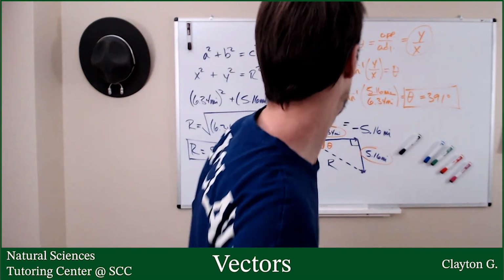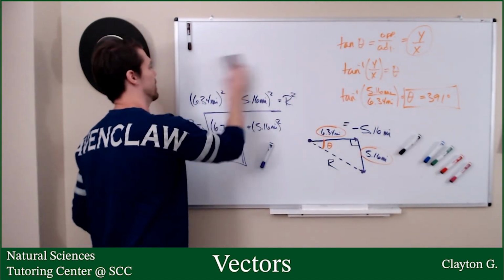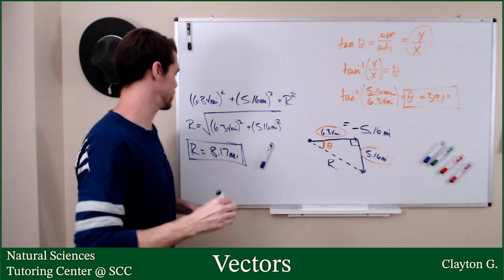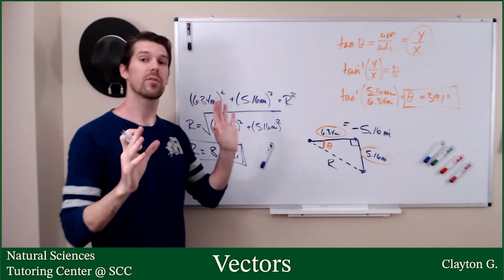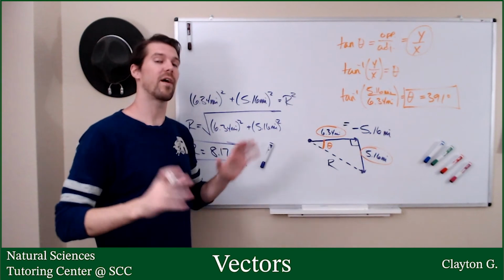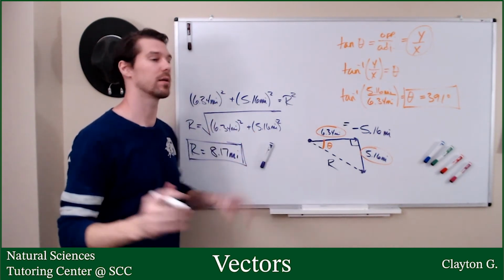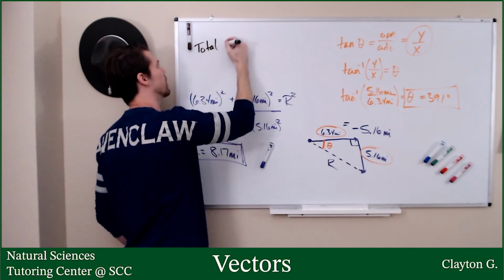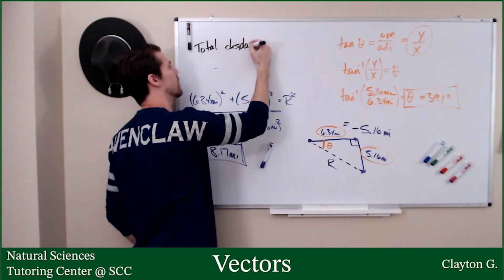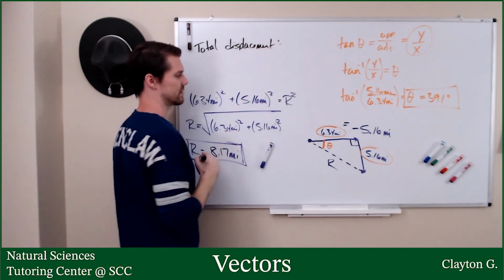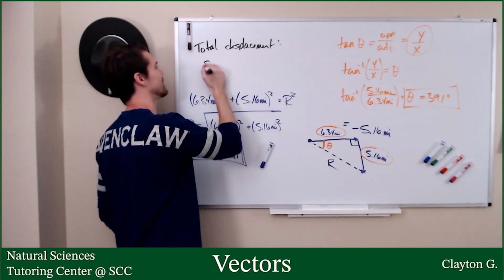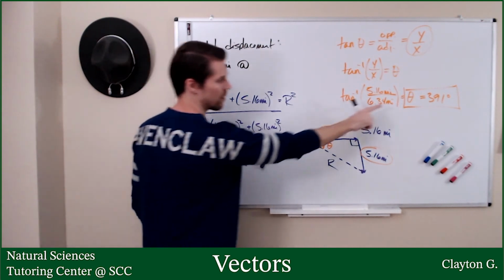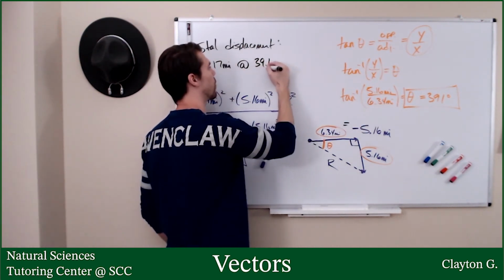So let's write out, I'm going to get rid of this guy right here, Pythagoras Theorem. Our overall total vector, all 5 of those vectors boiled into one, all 5 of those vectors added together, however you want to say it. Susan's total displacement is 8.17 miles, and then I always just say at 39.1 degrees.